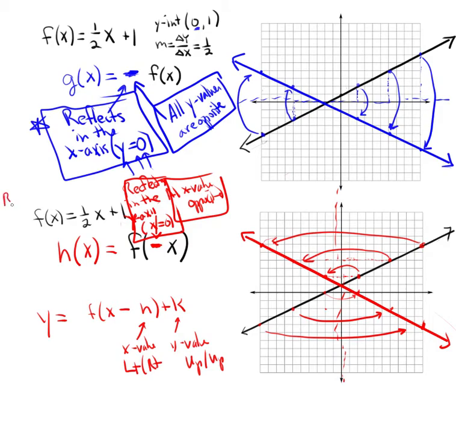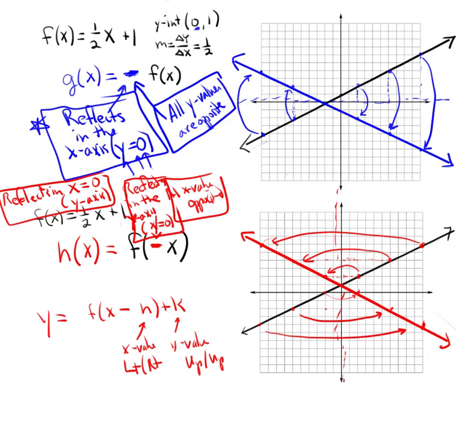So it reflects in x, oh, hold on, let's use the equation for that. x equals 0, which is the y-axis. And that's that vertical line on the y-axis. So when x equals 0, that would be our equation, x equals 0.